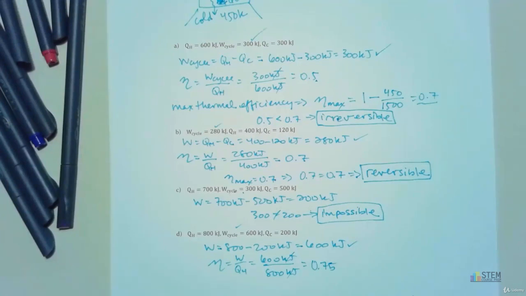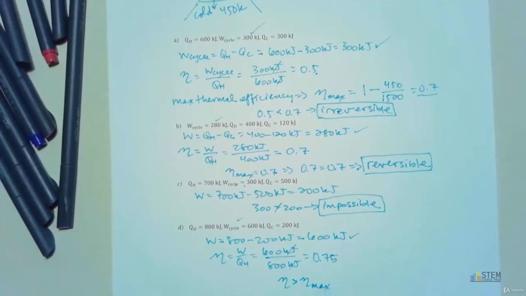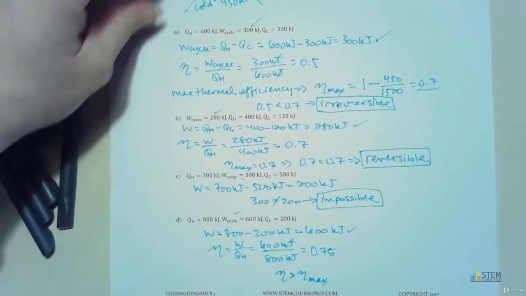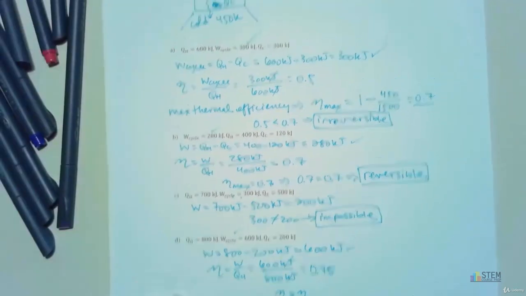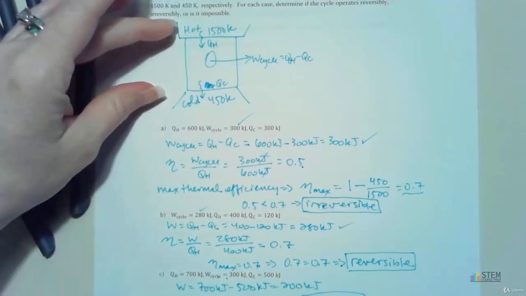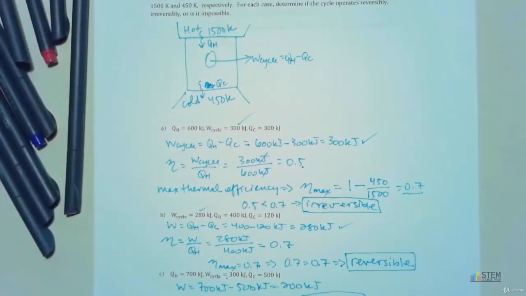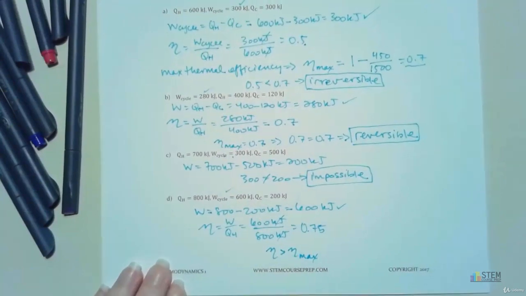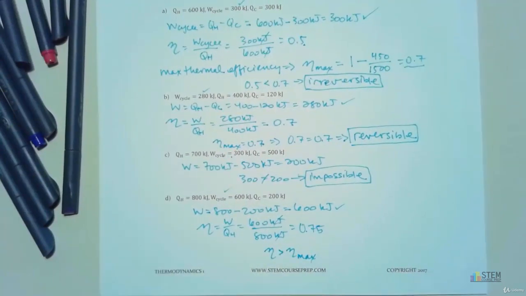Now, what do we think about that? We're saying this is pretty efficient, right? We're saying that this efficiency with these numbers is greater than the max possible efficiency for this whole system, operating between these two reservoirs. Now, is it possible to operate beyond the max possible efficiency?